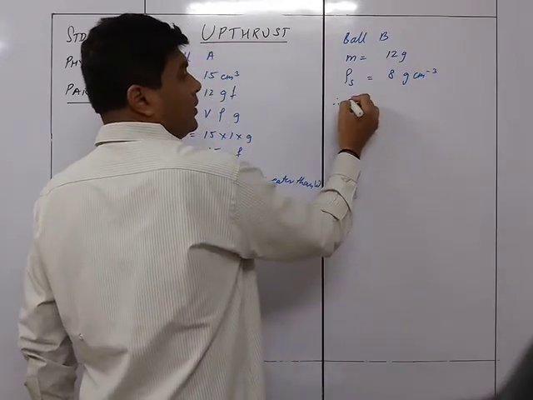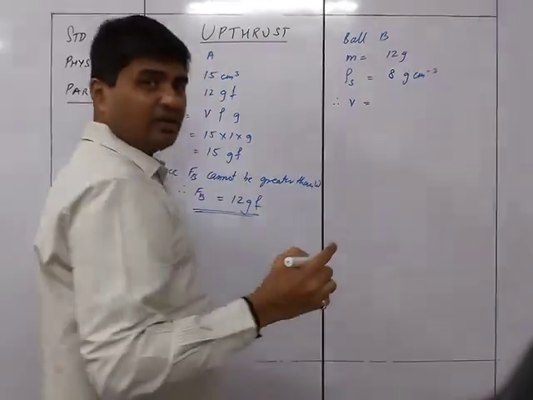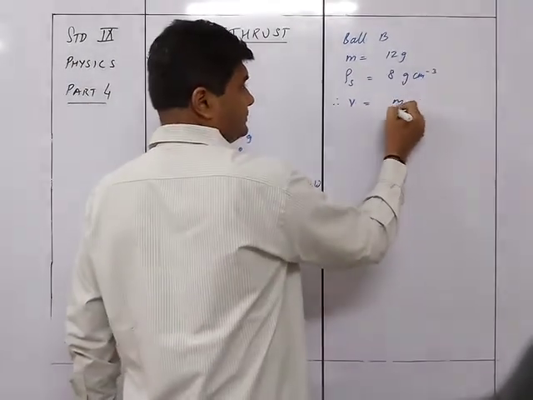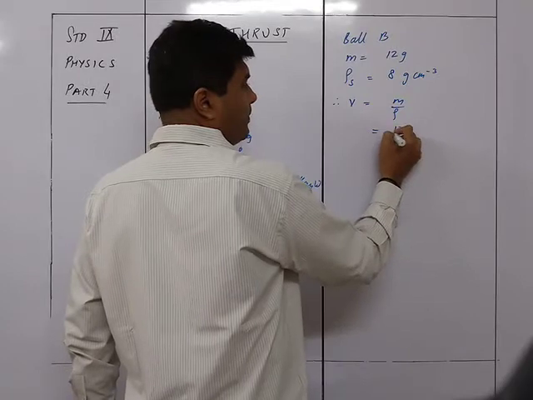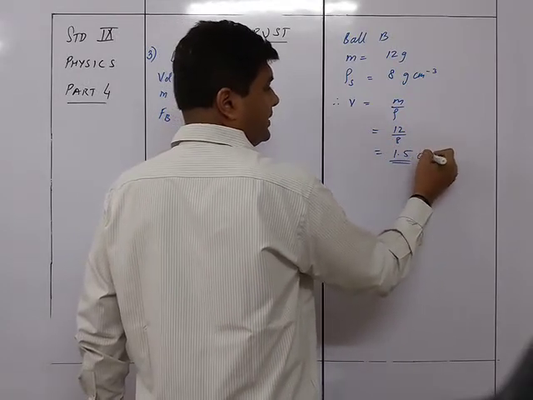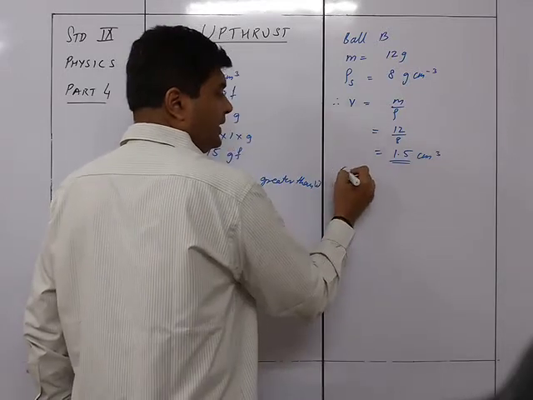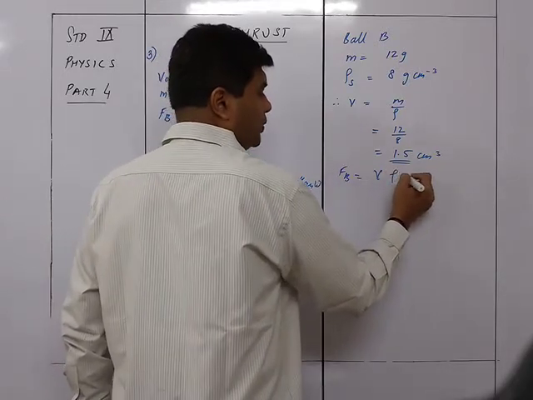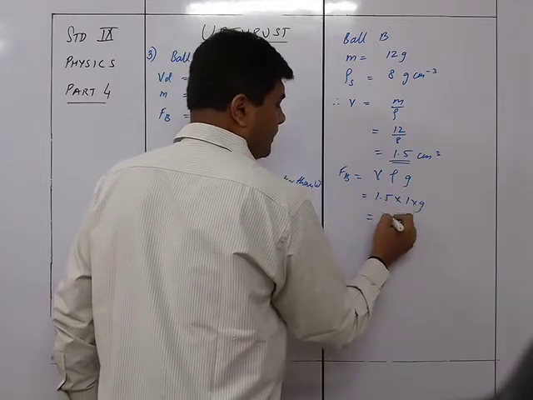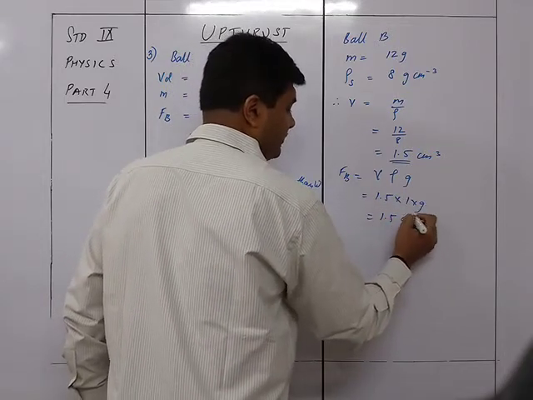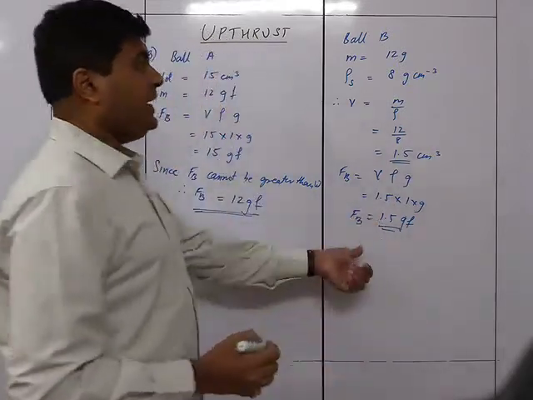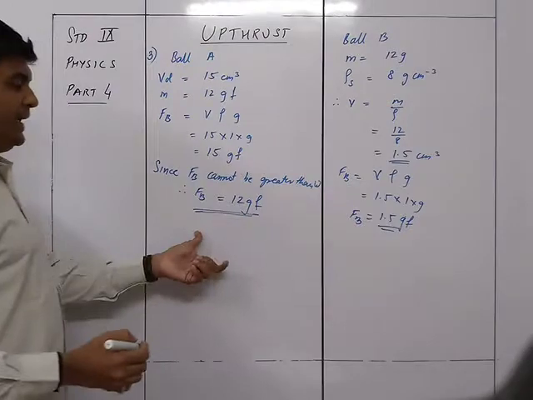Therefore, volume, see, density is equal to mass upon volume. So volume will be equal to mass upon density. So it equals 12 upon 8, which is nothing but 1.5 centimeter cube. So FB will be equal to V rho G, which is equal to 1.5 into 1 into G, equal to 1.5 GF. So the FB of ball B will be 1.5 and ball A will be 12.